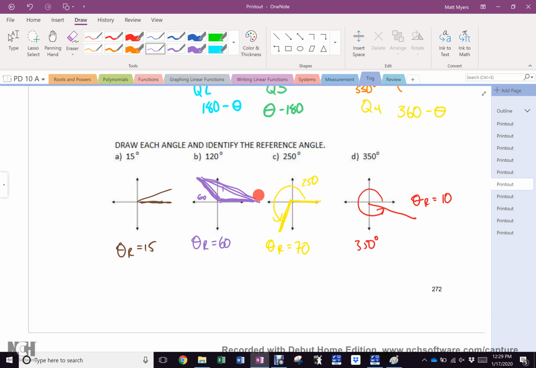What's missing from that purple triangle? A 90-degree angle, yes? What does that red triangle have? A 90-degree angle. So could I do trig now? Yes. That's why reference angles are important. Everybody cool? All right, turn the page over.